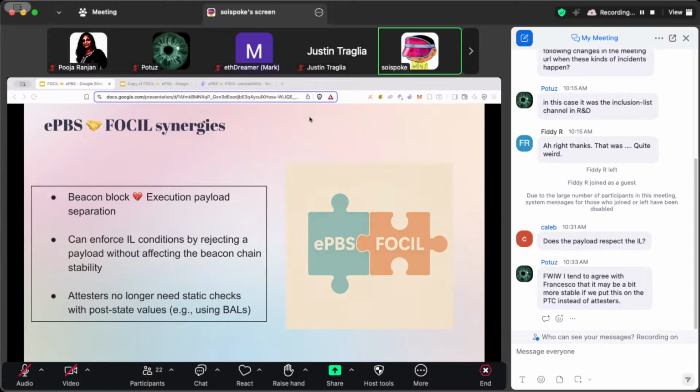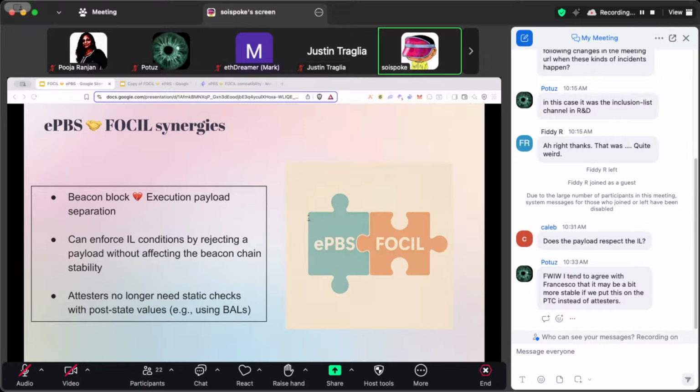And I think this is a big improvement over other proposals like delayed execution, just because you don't need to add the static checks that come with block level access lists to make FOCIL and delayed execution work. To me, that's the most important synergy between the two proposals.